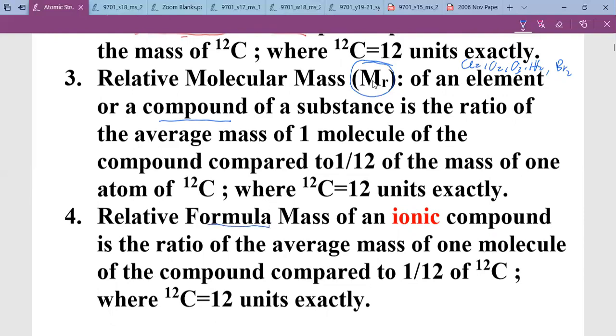It is the ratio of the average mass. Why average mass? Because for all your compounds, such as CH3OH, you can have oxygen-16, oxygen-17, oxygen-18.